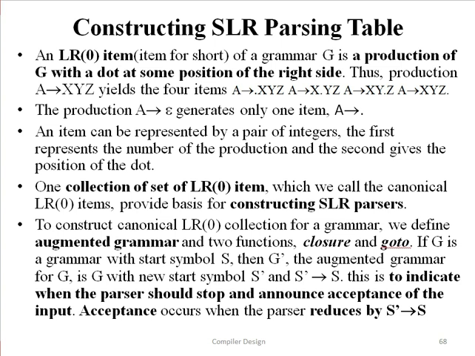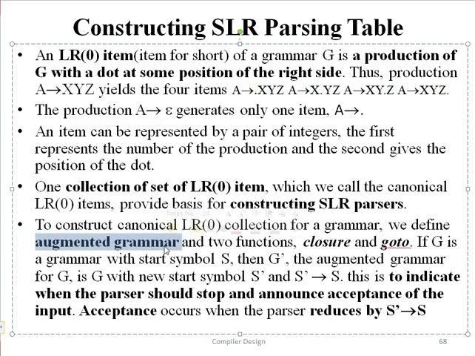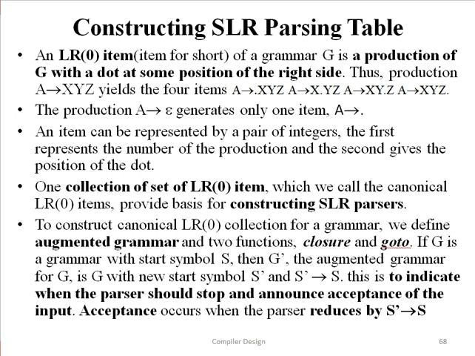Before starting generating LR0 items for the construction of the SLR parsing table, the first step is augmenting the grammar. So we need to first augment the grammar, and then once we have augmented the grammar, we calculate the two functions, closure and goto. So what does grammar augmentation mean?